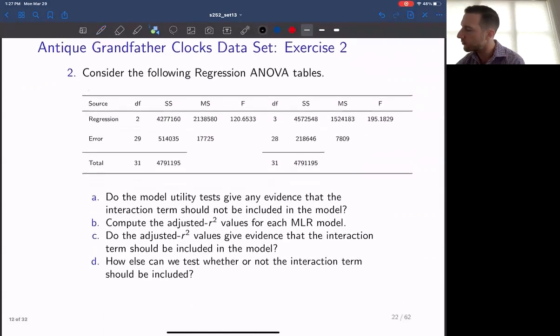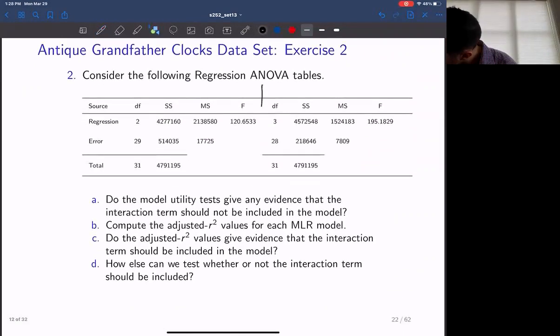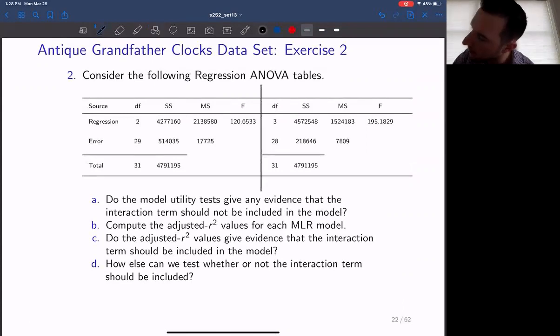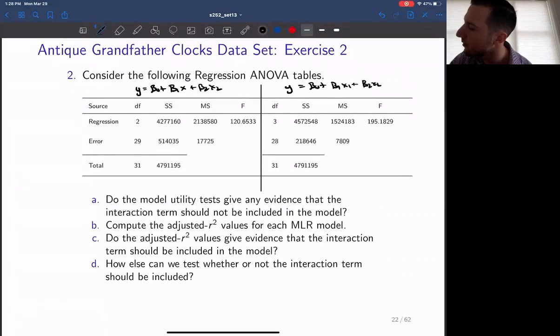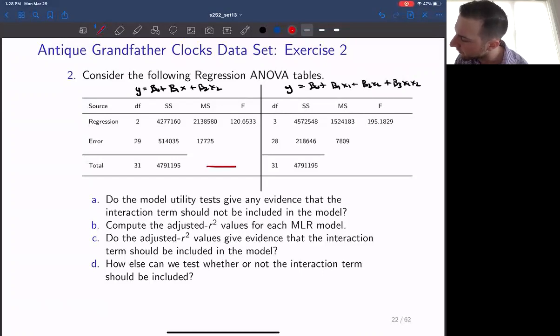So on slide 22, here we have two ANOVA tables. The first ANOVA table is for the model without interaction. And the second ANOVA table is for the model with interaction. All right, notice that these values for the total are the same.